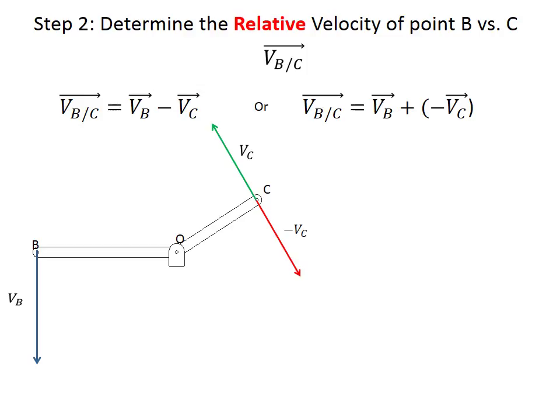The rest is to find out the vectorial addition of the VB plus negative VC, for which we can use the tip to tail or any other vectorial addition method. This VB minus VC is going to result in the relative velocity of B versus C.